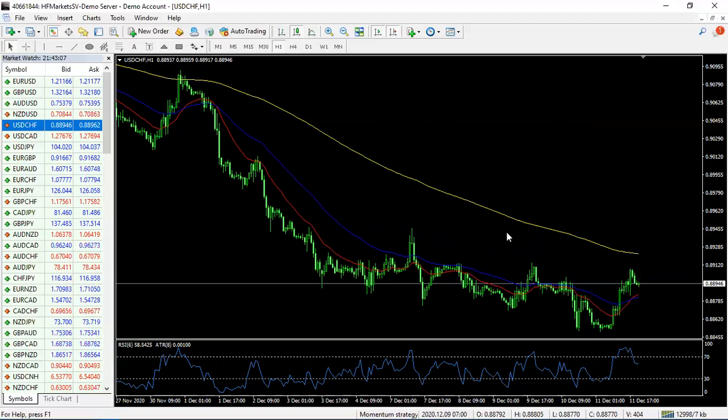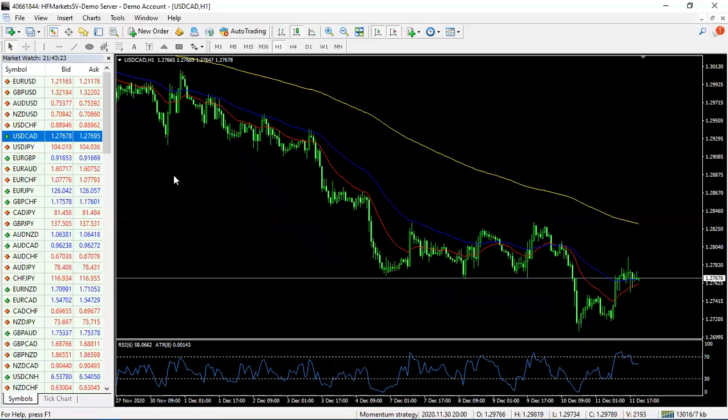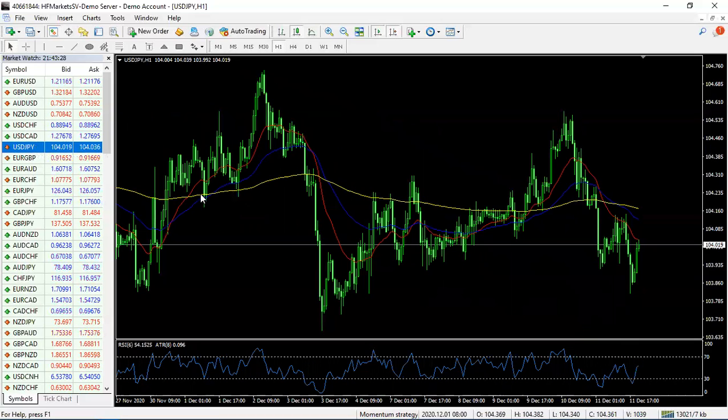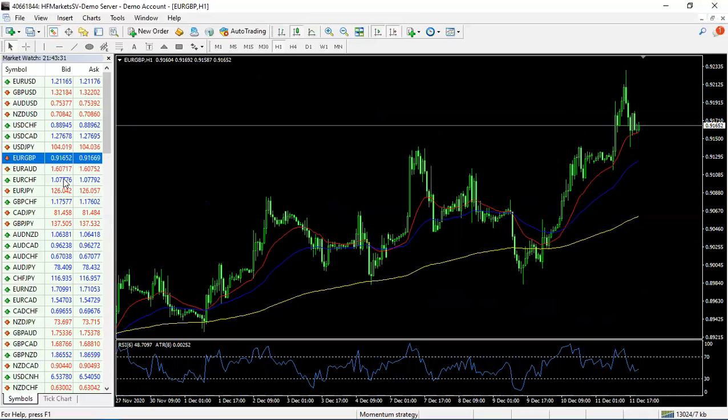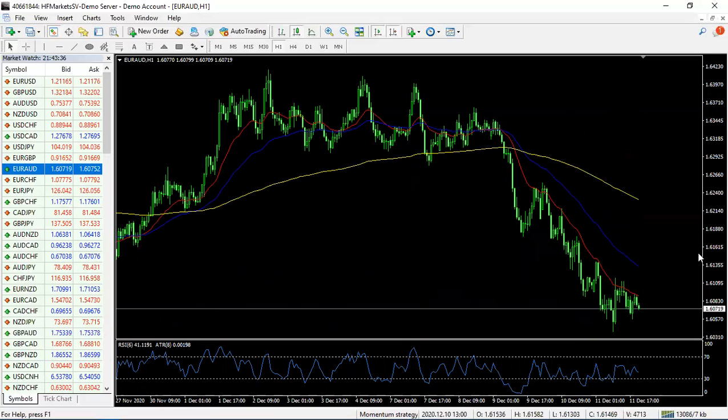Not the best, but we could write it down. USD CHF long. You want to write down any currency that you think is going to actually pay, any currency that looks promising. I won't write everything down. I'm just trying to show you guys what you're supposed to do.